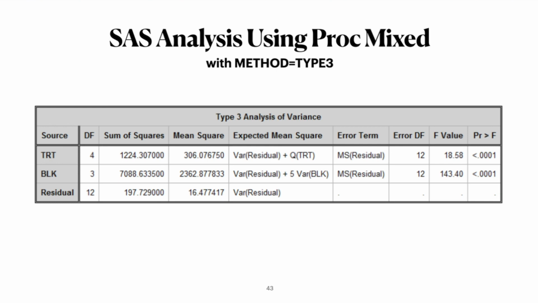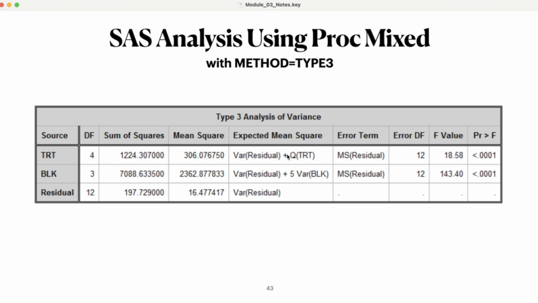The expected mean square for the treatment effect is sigma squared plus a quadratic. This is a shorthand notation for a quadratic form involving treatment.